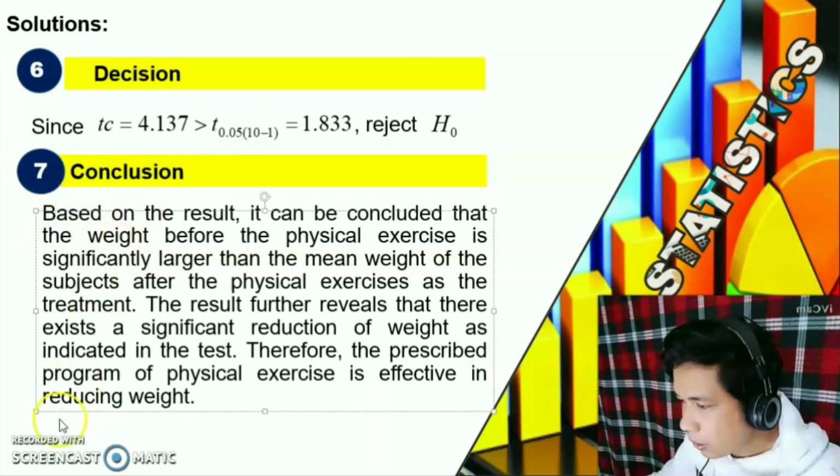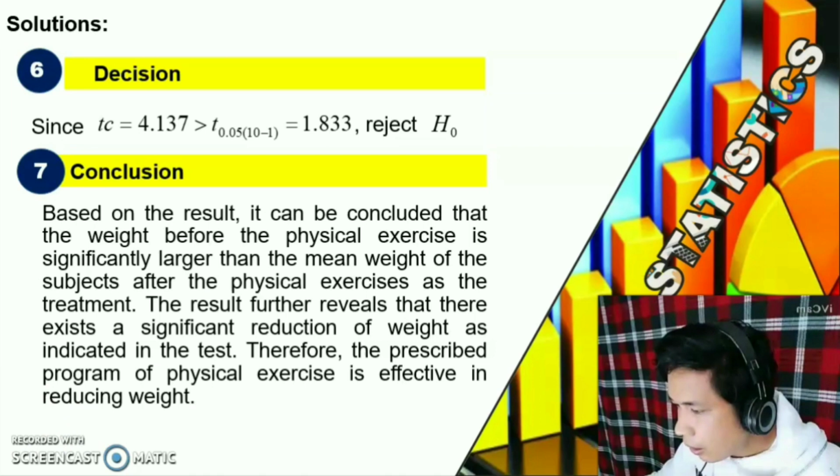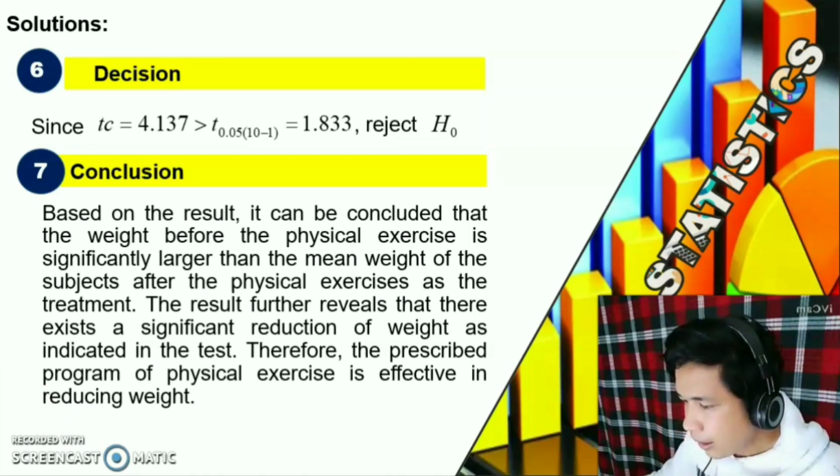Based on the result, it can be concluded that the mean weight of the subjects before the physical exercise is significantly larger than the mean weight after the physical exercise as the treatment. The result further reveals that there exists a significant reduction of weight as indicated in the test. Therefore, the prescribed program of physical exercise is really effective in reducing weight.